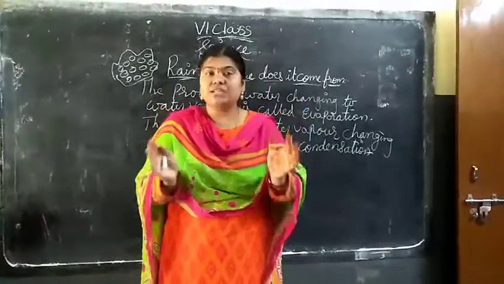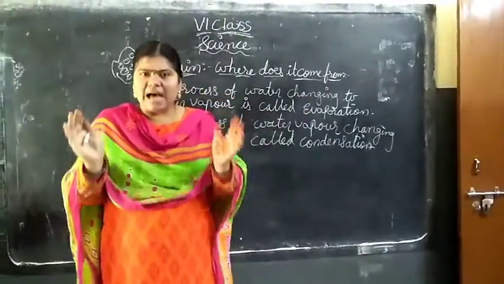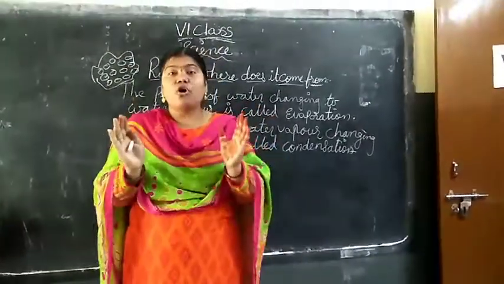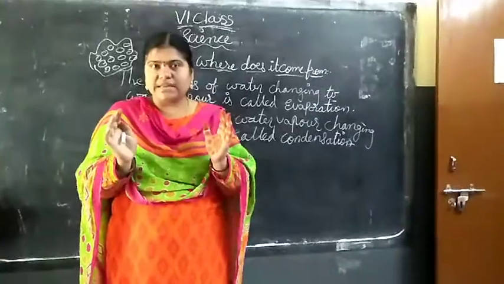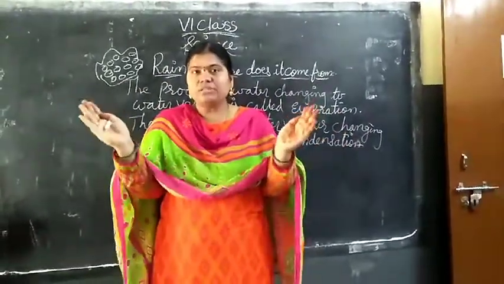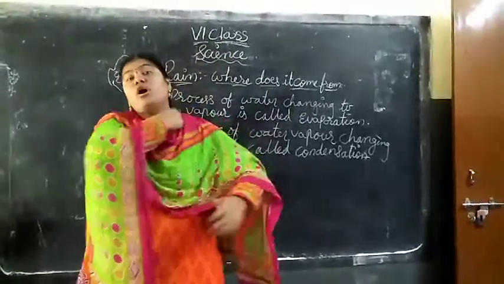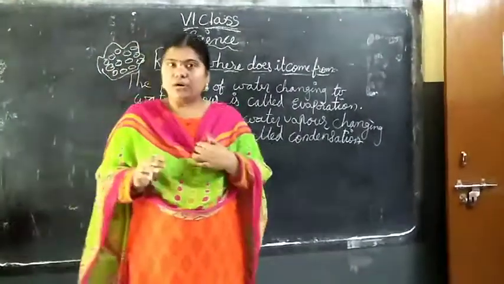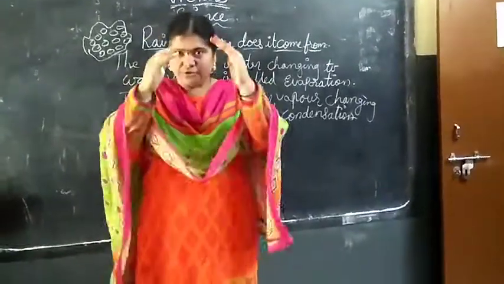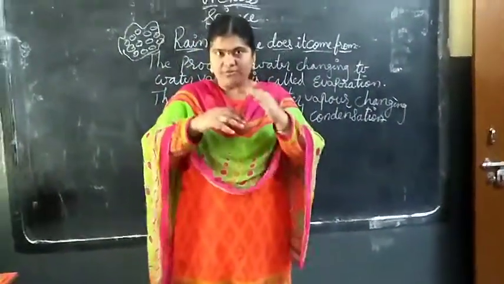Only the clouds which are totally dark grey in color will form rain. When the clouds get condensed, the water vapor in the clouds will change into water, and it changes into the form of rain.